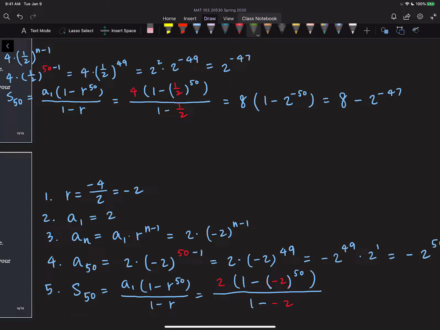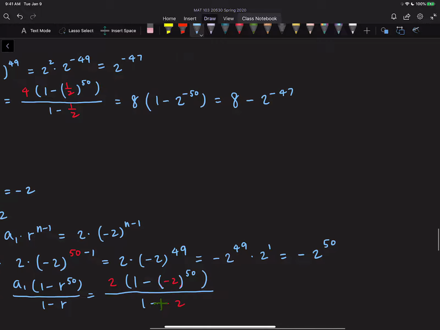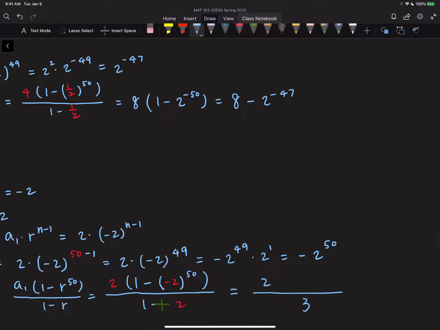And again, we have that double negative in the denominator, so it becomes positive. Now let's simplify this. If you simplify this, the denominator is 3. As for the numerator, I can distribute the 2. But before I do that, I want to simplify the exponential part for the 50th power. Because the base is negative, but our power is even, it's going to be a positive number.